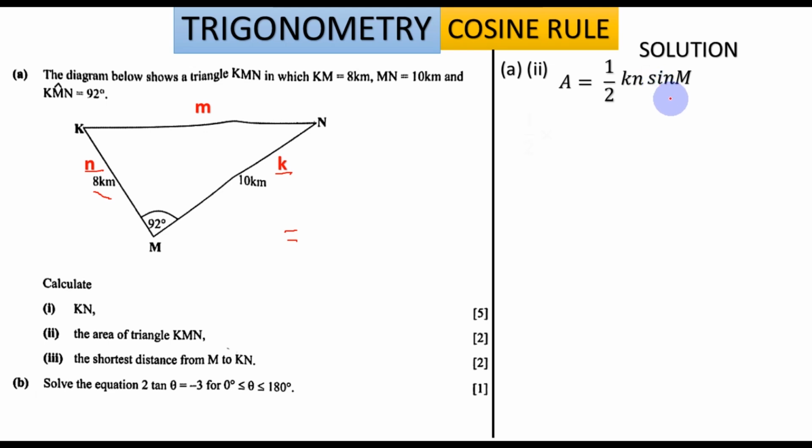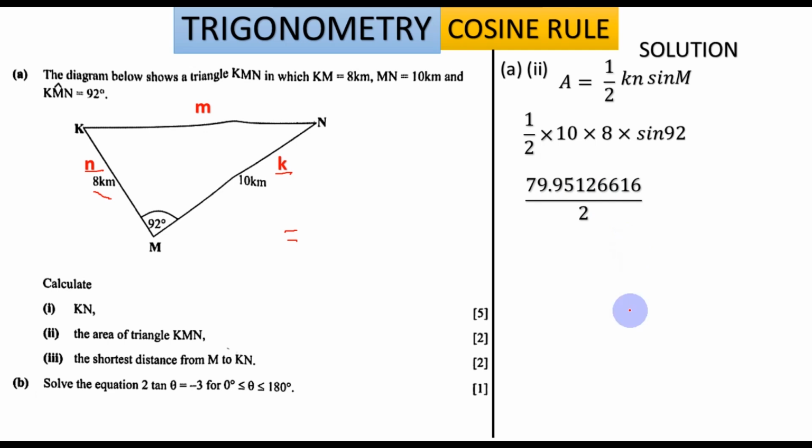Substituting our values, 1 over 2, Kn, it is 10 times 8, times sine 92 degrees. Multiply 1 times 10 times 8 times sine 92 at once. You're going to have 79.95126616. Don't forget that we haven't used the 2. So now divide it by a 2 to get the area.